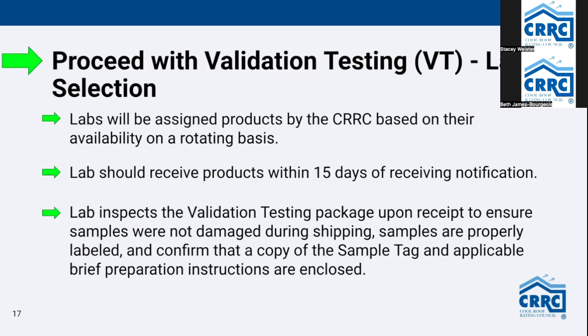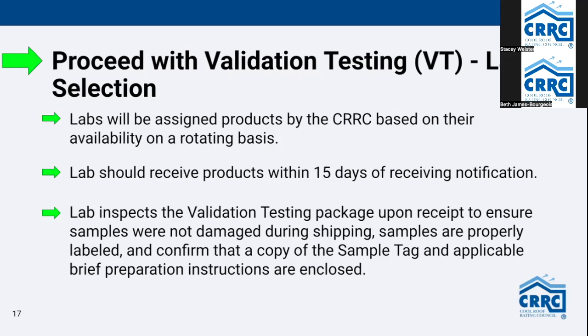The lab will inspect the package upon receipt to ensure that the test samples were not damaged during shipping, samples are properly labeled, and confirm that a copy of the sample tag and, if applicable, SDS, TDS, or preparation instructions are enclosed. Should the test samples get damaged during shipping, samples are not properly labeled, or if any of the required documentation is missing, the laboratory will contact the CRRC for the next steps.